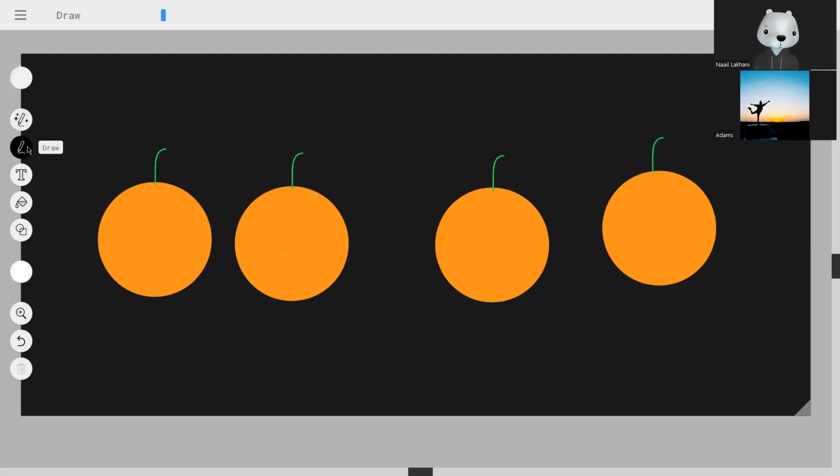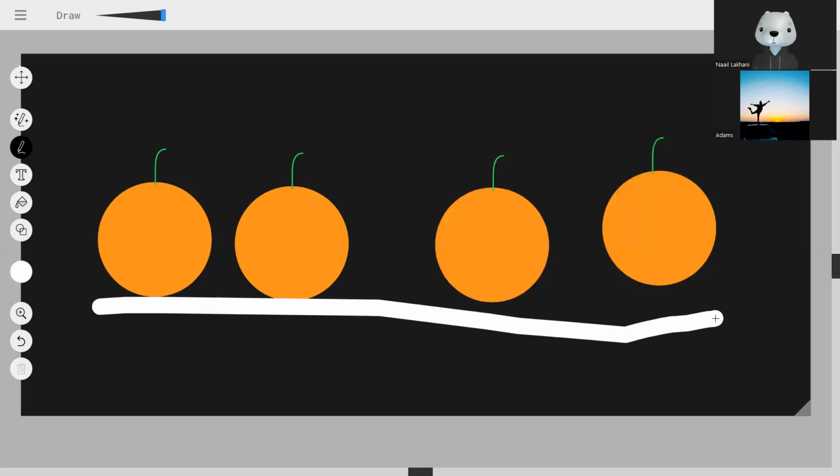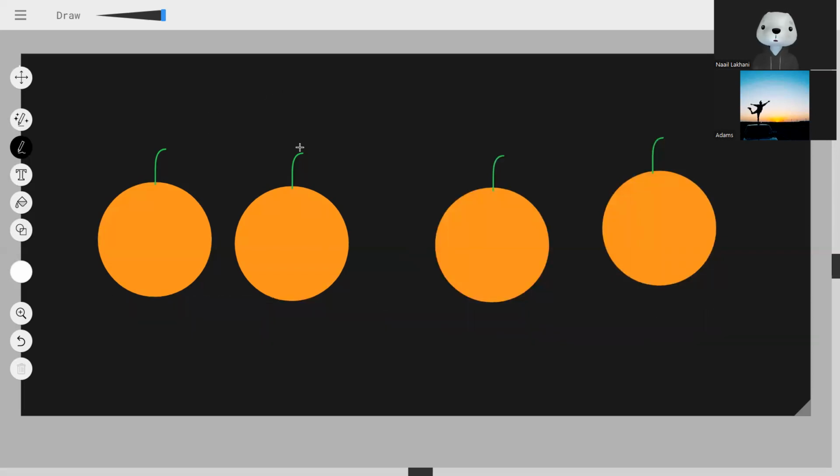Now you can combine these, and instead of saying I want orange, orange, orange, and orange, you can say I want four oranges. So that's the basic concept of like terms.